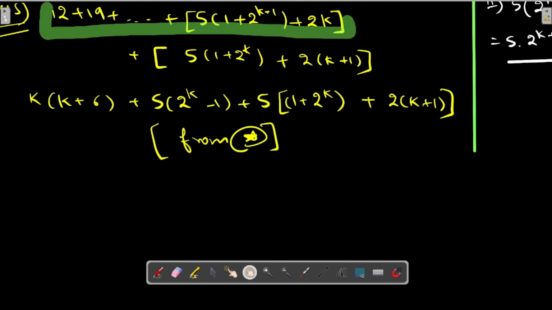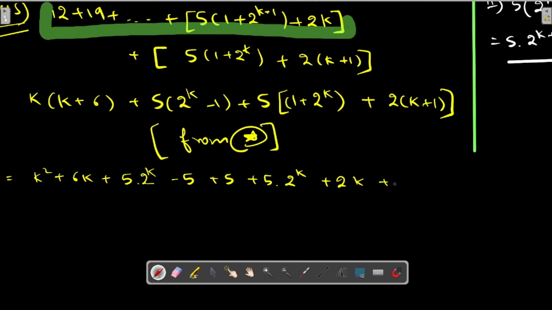Now let's open the brackets. What we get? k square plus 6k, 5 times 2 to the power of k minus 5, plus 5 plus 5 times 2 to the power of k, plus 2k plus 2.